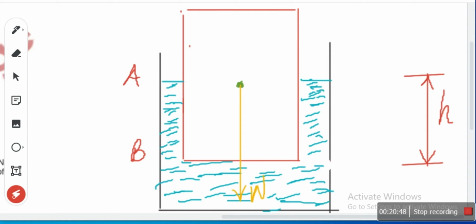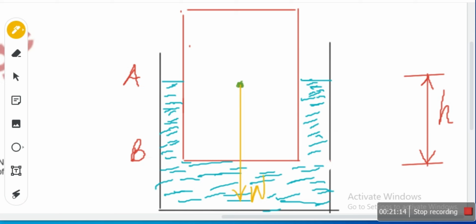Ignoring pressure in air, atmospheric pressure, we can say the pressure at point A is 0. Then the pressure at point B is rho gh. So there's a difference in pressure between point A and point B.